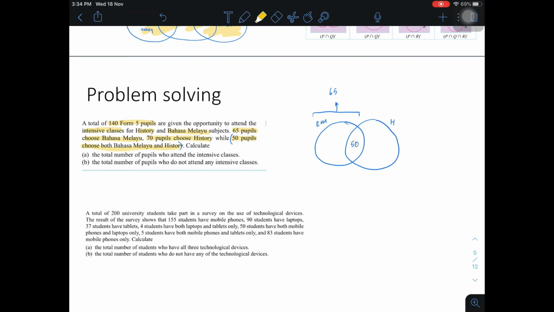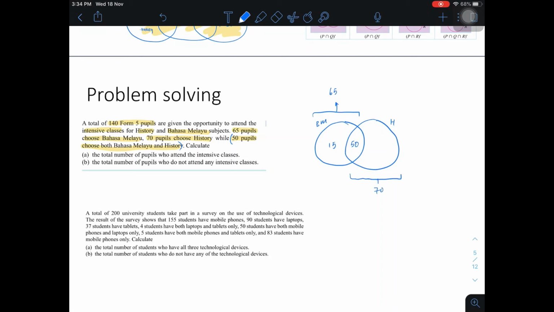So you have to subtract 65 with 50 to get 15. So meaning the combination of 15 and 50 produces 65, right? That means that 65 people are taking Bahasa Melayu, right? And then over here, they told you that 70 people choose history. So history, there is 70.